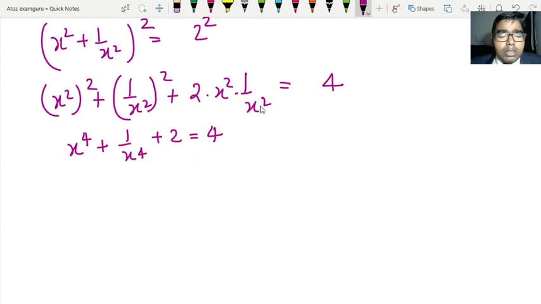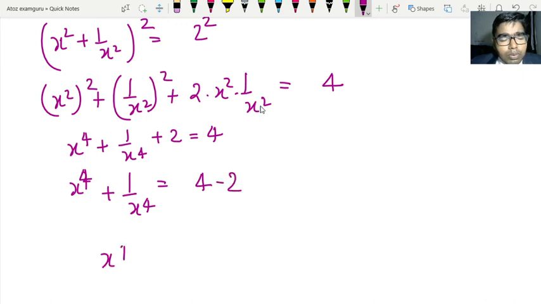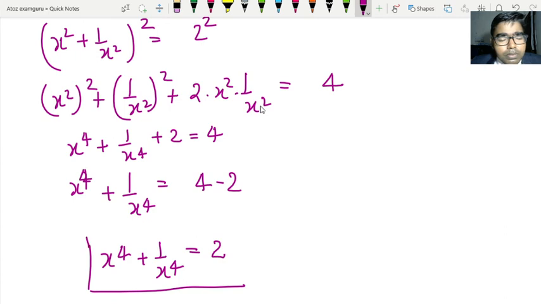And now again, if you transfer to the right hand side, then you will get 4 - 2. You will get x⁴ + 1/x⁴ equal to 2, right friends?